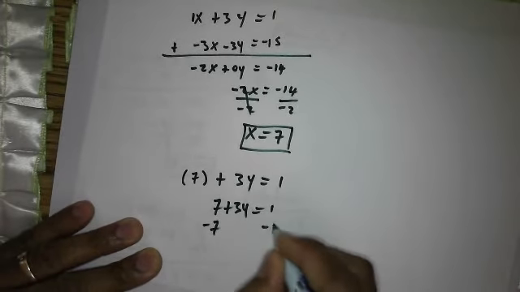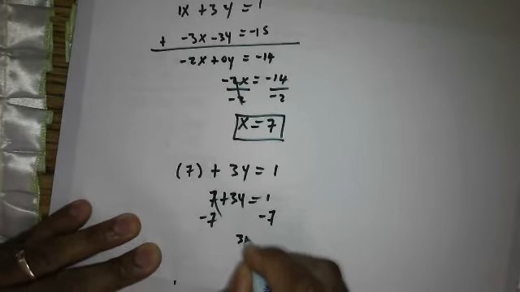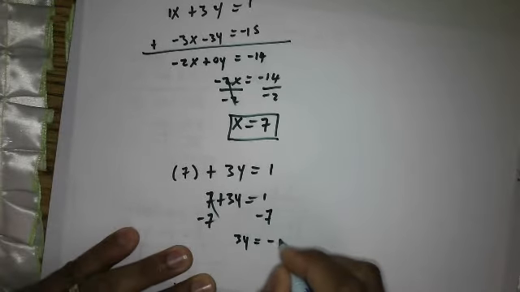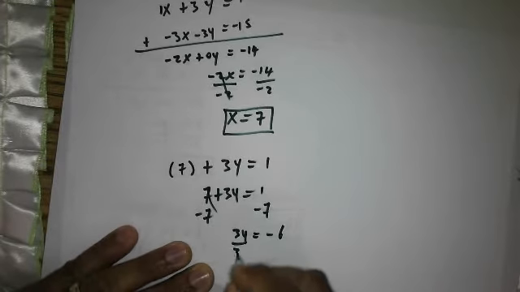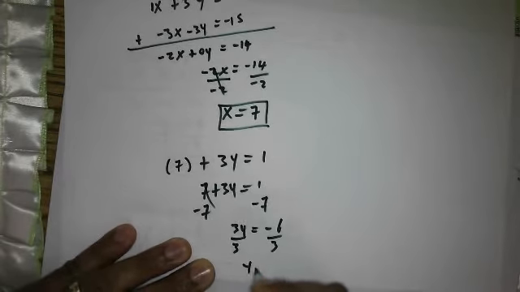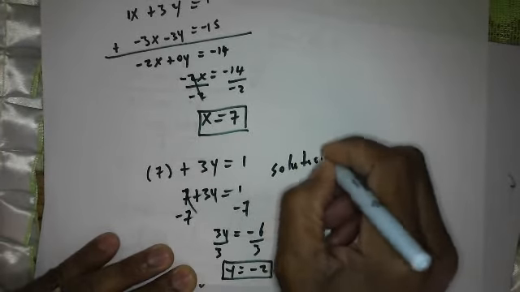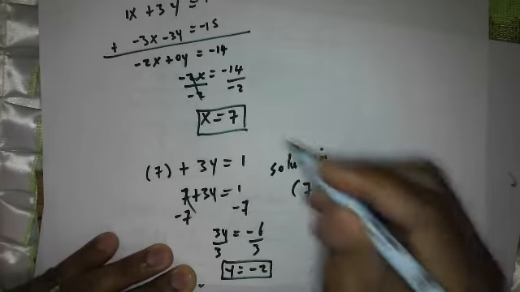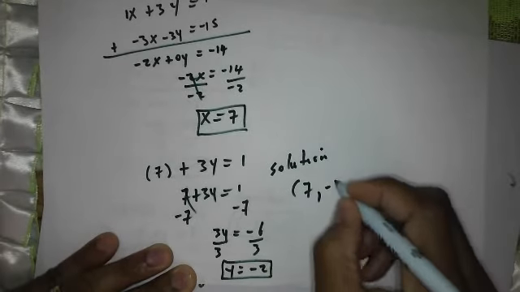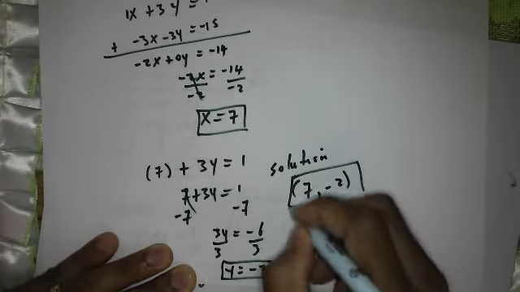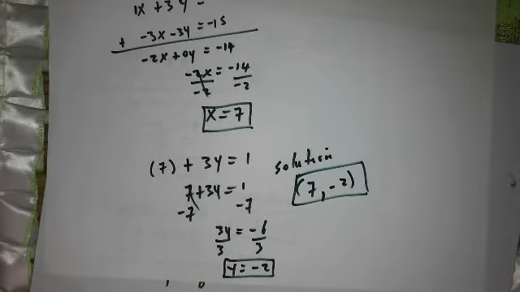I subtract 7 from both sides, so this is 3y equals negative 6. And I divide both sides by 3, so y equals negative 2. So my solution would be 7 for the x and negative 2 for the y. Alright, let's look at another one real quick.